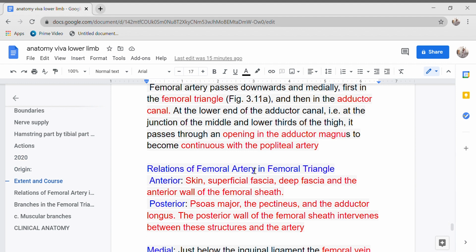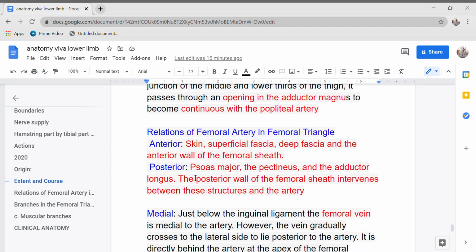Then the relations of the femoral artery in the femoral triangle. Anteriorly there are skin, superficial fascia, deep fascia, and the anterior wall of the femoral sheath.